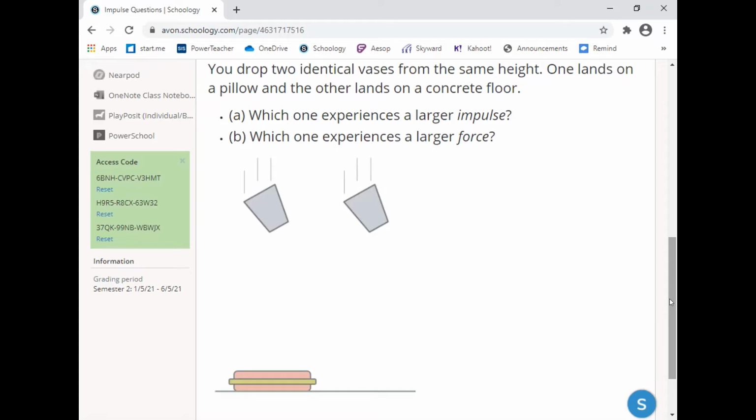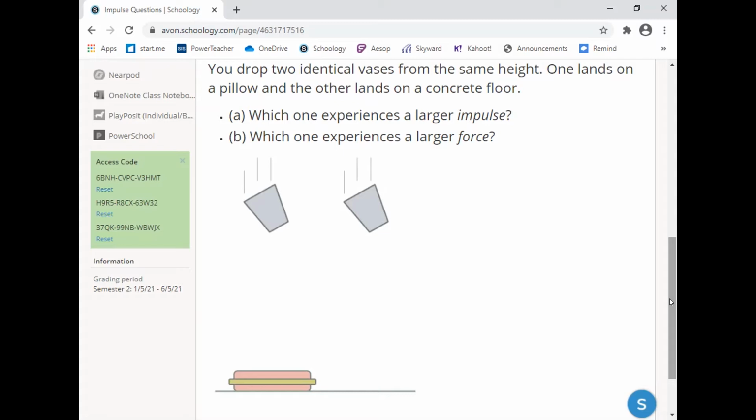If something hits the ground, in both of these cases, that's what's happening: an object is getting stopped completely. Because they're both falling from the same height, they're going to both have the same momentum before they hit the ground, and they both need to stop completely.